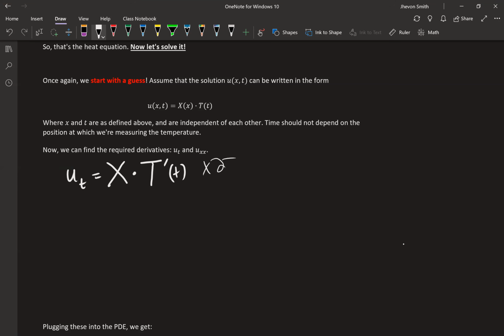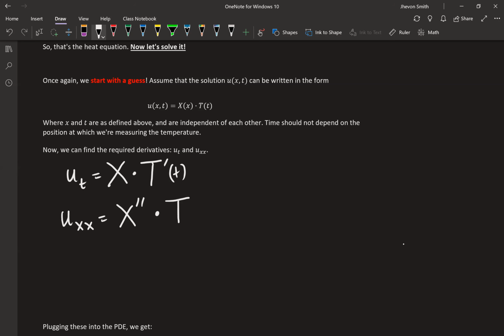It's like X times partial T, whatever. Then if I take my u sub x,x, that basically means my T is a constant, so it's going to stay. And I'm just going to take the second derivative of the big X with respect to x.